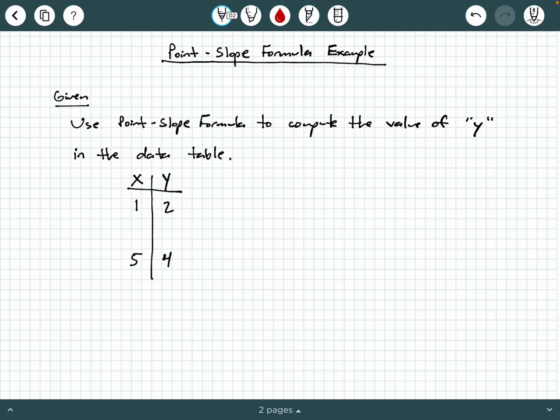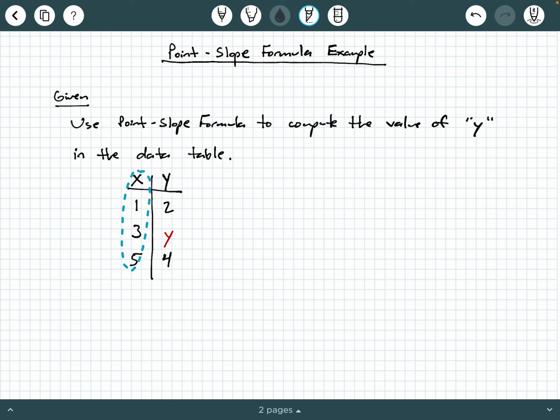The unknown y value that we're looking for is lowercase y, corresponding to a known x value of 3.